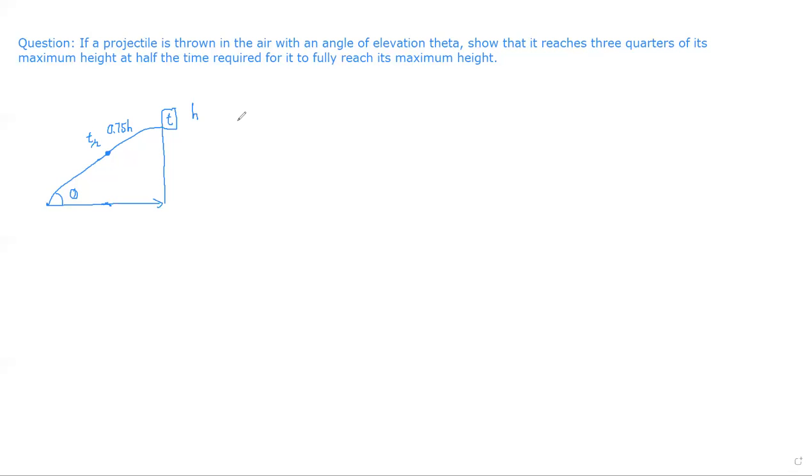Let's break this initial velocity up into its components, x and y. X represents the horizontal direction and y represents the vertical direction, okay? So your v naught is your initial velocity.